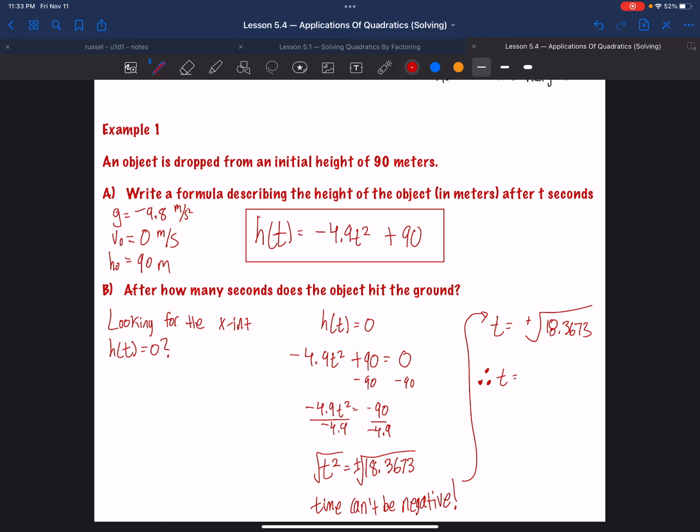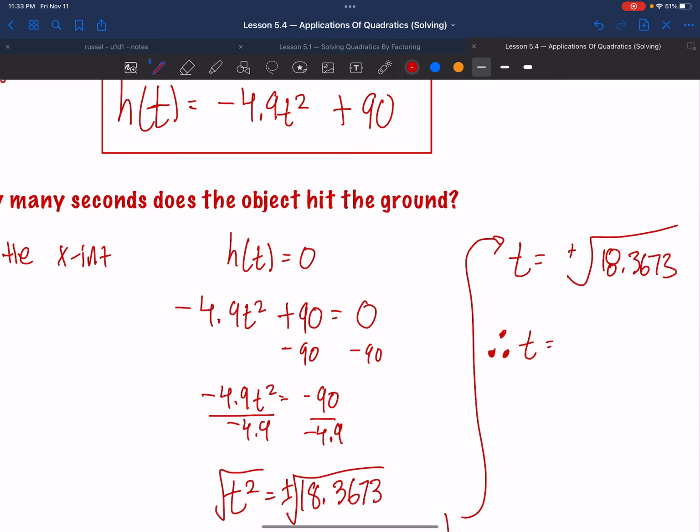Oh my God, I can't type. Sorry, I'm fiddling around on my calculator on my phone here. You can't really see it. Okay, cool. My approximation is pretty darn accurate, so I'm going to stick with it. t equals, I'm going to round to 3 decimals, 4.286 seconds.